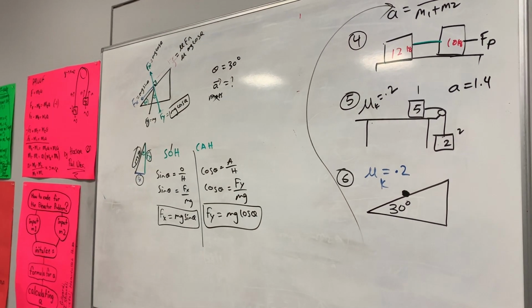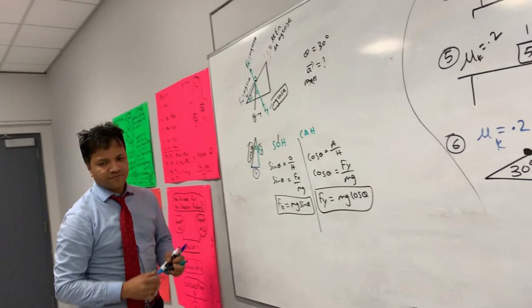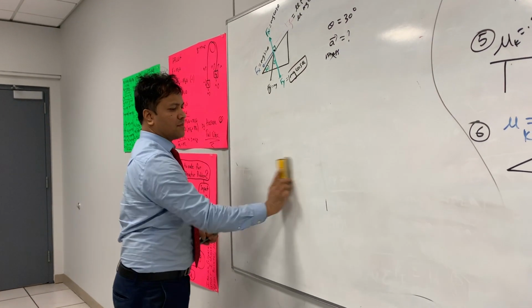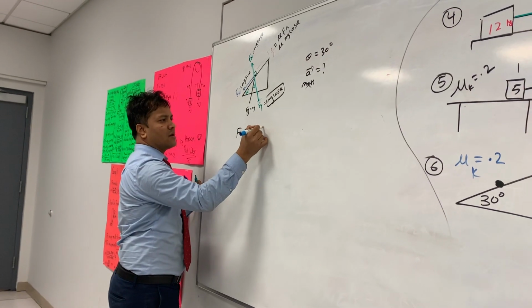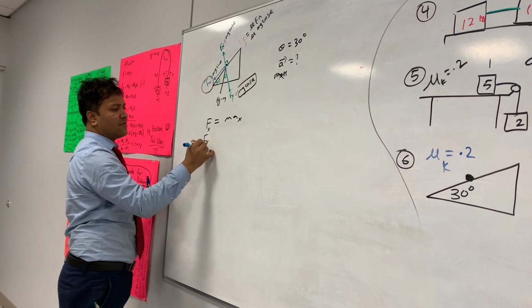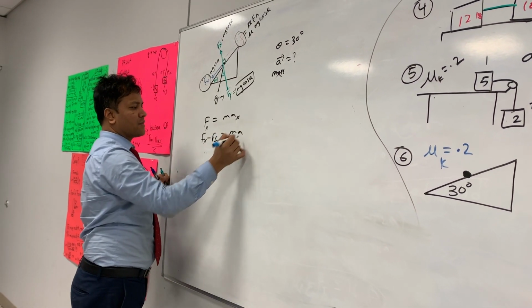Okay, now we are ready to calculate by using Newton's second law. Newton's second law says F equals ma, of course. In what direction is the acceleration? The x direction, with two forces. Fx minus Ff is equal to ma.